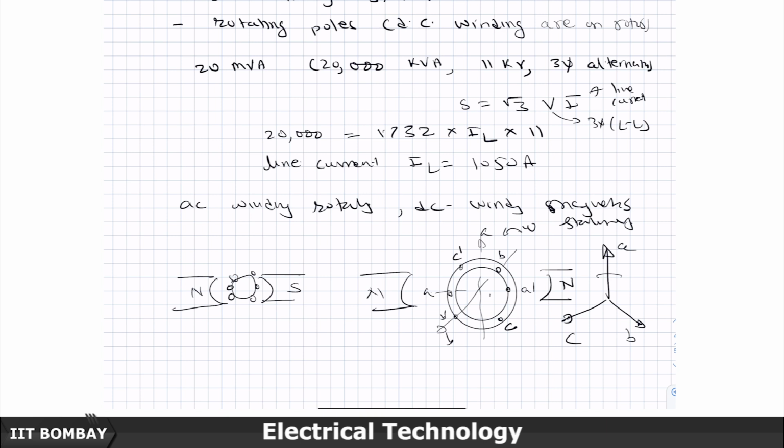One is knowing what it is, another is trying to know why it is, and the third thing is the construction, how it is. So now here what we have done is, see this A is cutting, this would be the south pole.